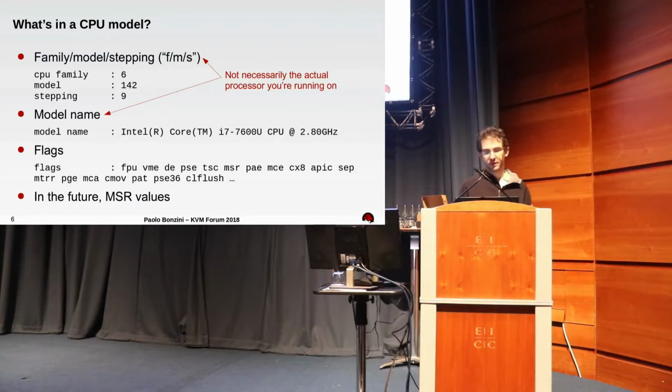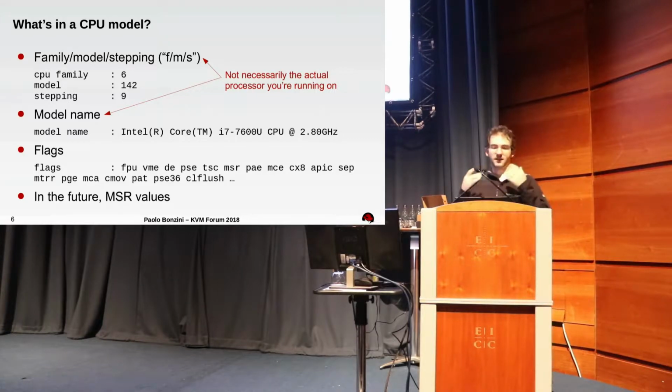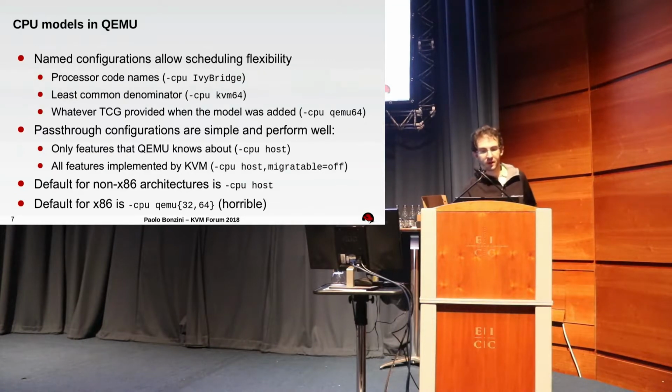They are not in CPUID, you can find them in MSRs. And when we enable nested virtualization live migration, we will also add them to the CPU model. The CPU model Skylake has this and this VMX feature, Nehalem has these others, and so on.